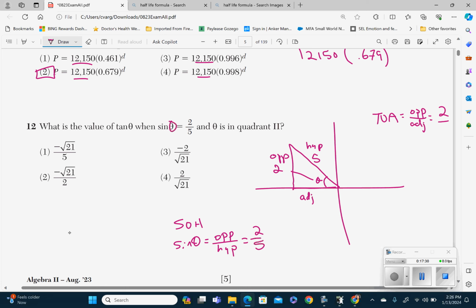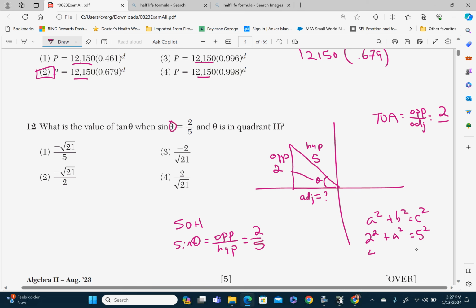So remember, refreshing your memory, a squared plus b squared is equal to c squared is our Pythagorean theorem. So we need to find out what is our adjacent equal to. So we're going to put 2 squared plus our adjacent, which we don't know. So I'm going to call that a squared is equal to our hypotenuse, which is 5 squared.